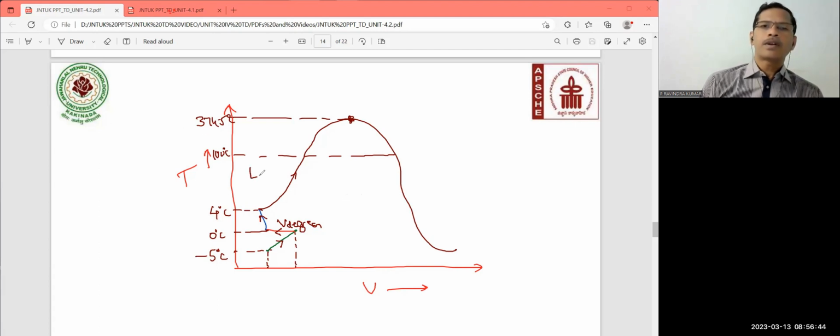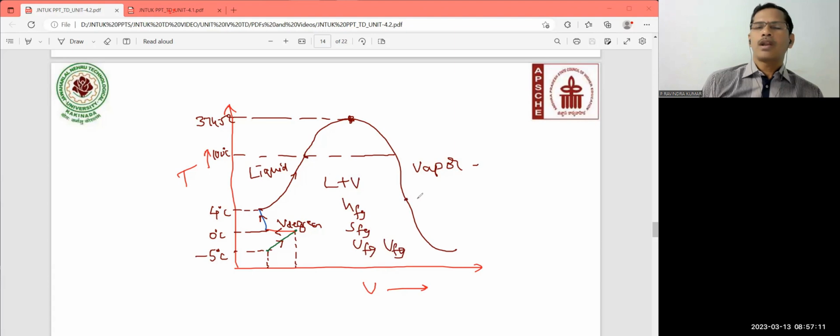This particular portion is nothing but the liquid, and completely outside of this dome, the pure substance exists in the vapor phase. Within the dome shape, liquid plus vapor are there. In between, you are going to find hfg, sfg, ufg, vfg.